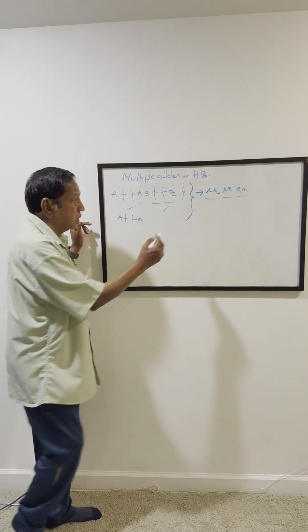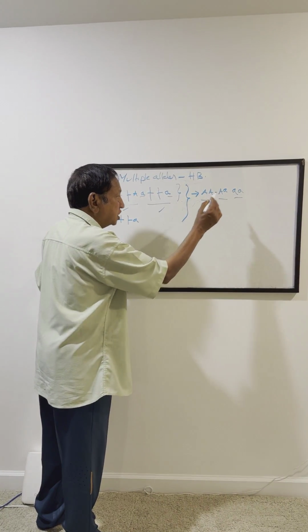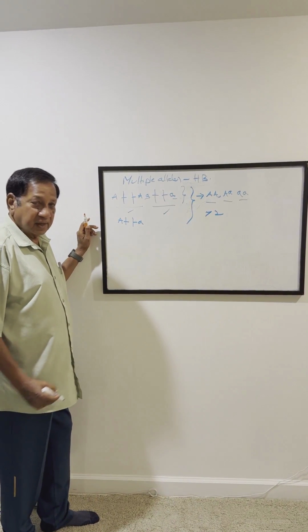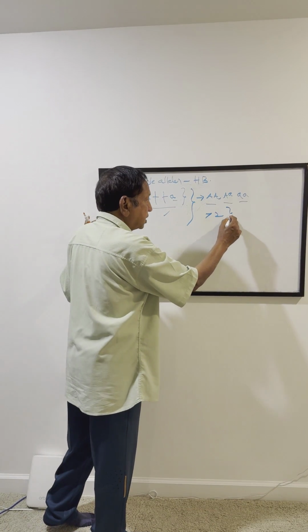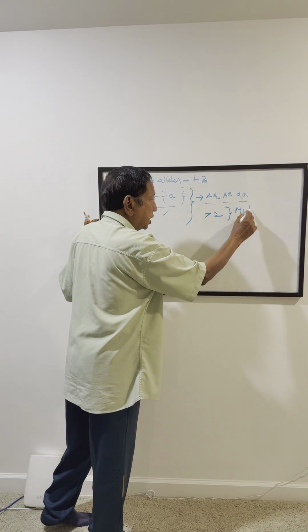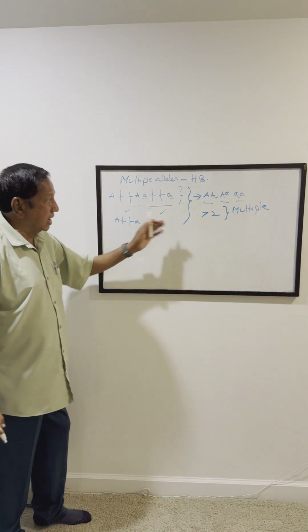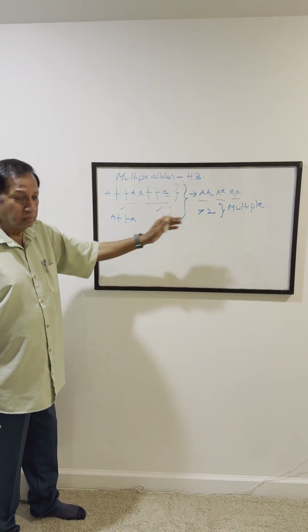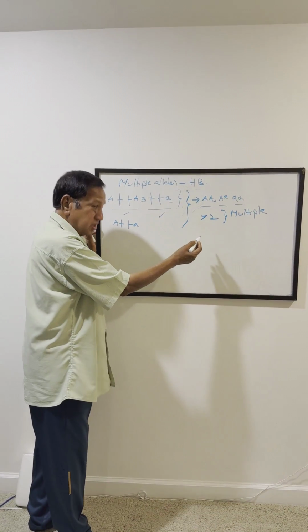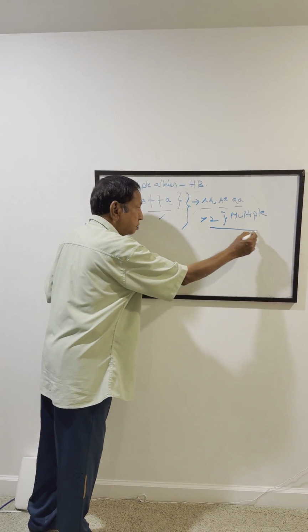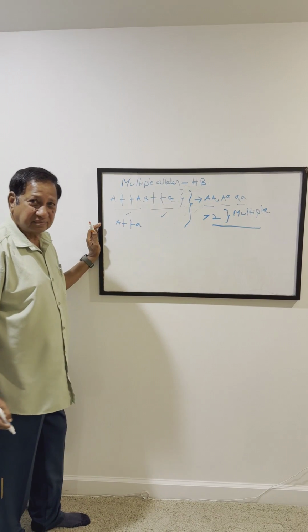Sometimes there will be more than two forms of the gene. In biology, more than two is called multiple. If more than two alleles are present, they are called multiple alleles.